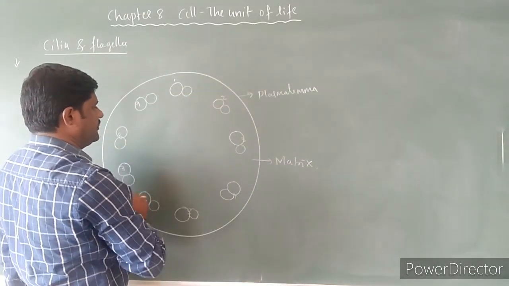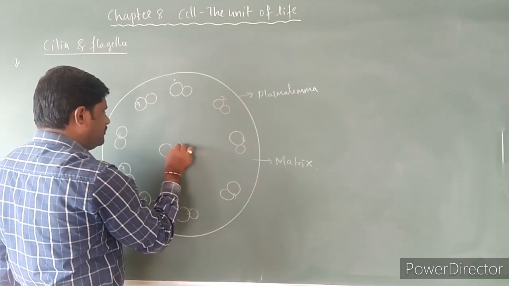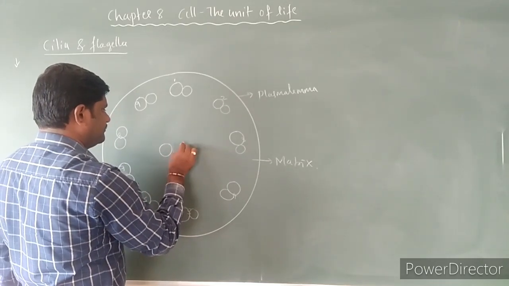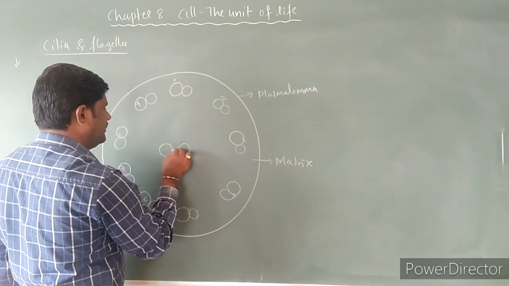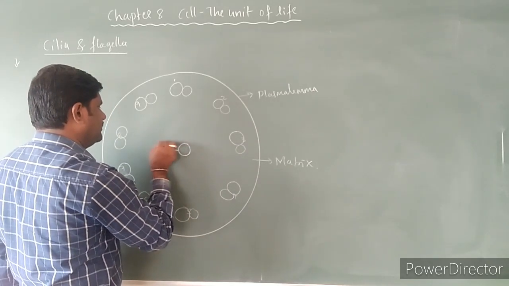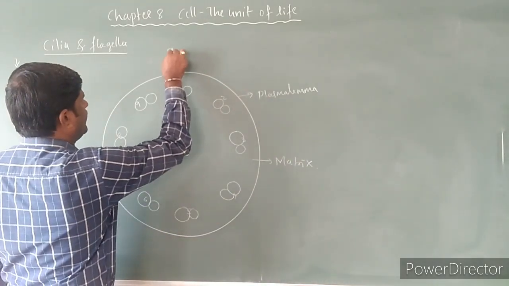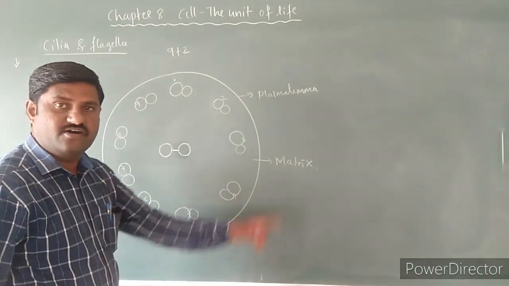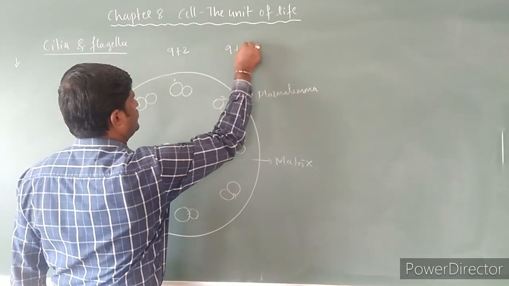These doublets are interconnected with the 2 singlets at the center. This is one singlet, this is another singlet. This system itself is said to be the 9 plus 2 system. But in the centriole you come across a 9 plus 0 system.